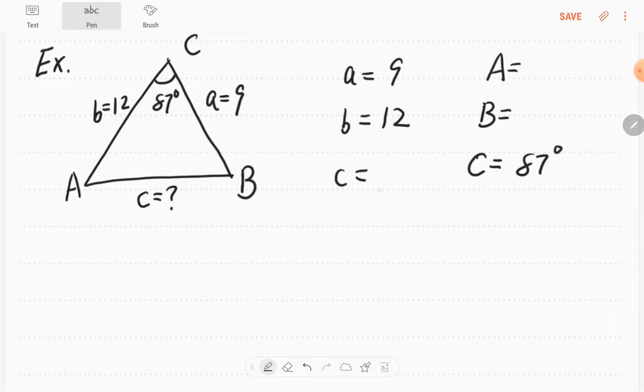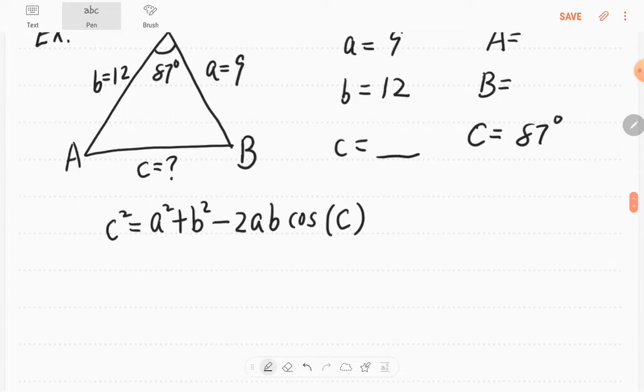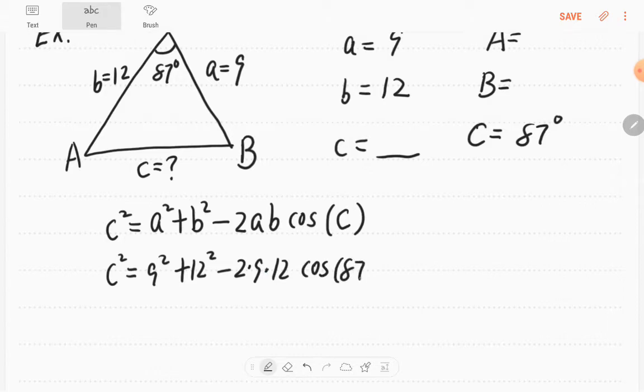So we can calculate this side c using the law of cosines, which says c squared equals a squared plus b squared minus 2 times a times b times cosine of the angle between these two sides, which is C. If you plug in, c squared equals 9 squared plus 12 squared minus 2 times 9 times 12 times cosine 87 degrees.